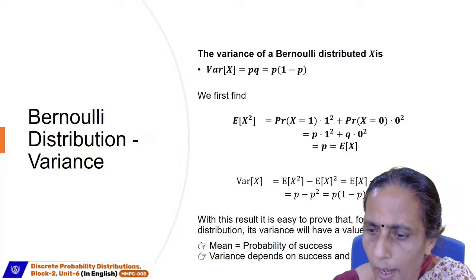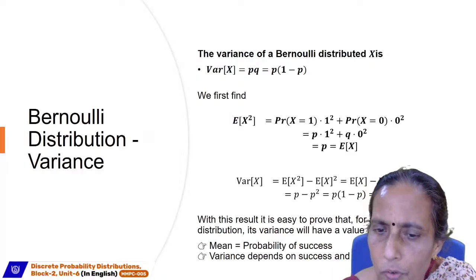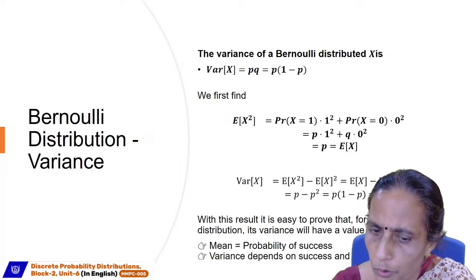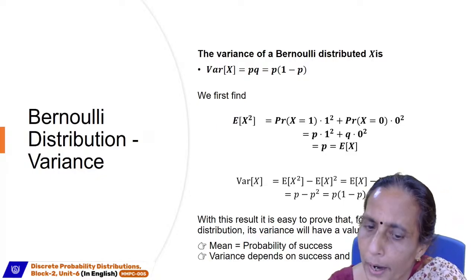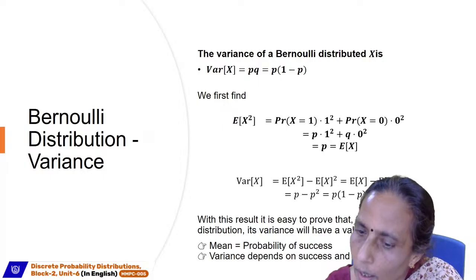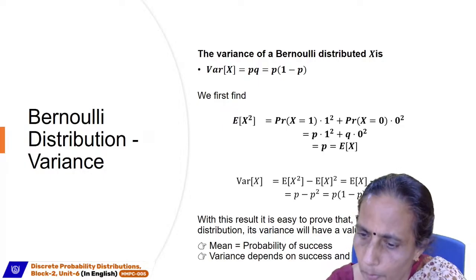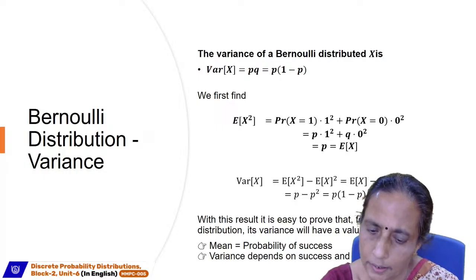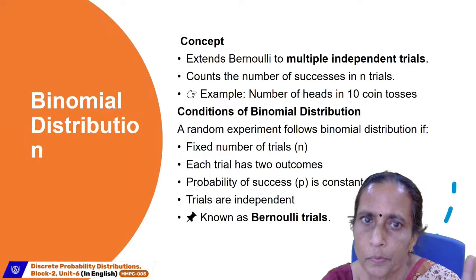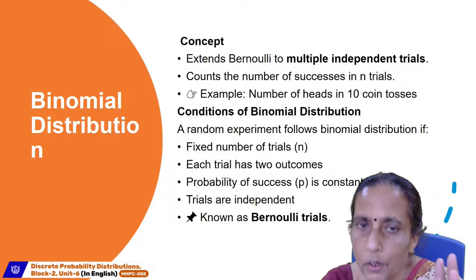So its variance will have a value between 0 and 1 upon 4. So mean is equal to probability of success and variance depends on success and failure probabilities in case of your Bernoulli distribution.